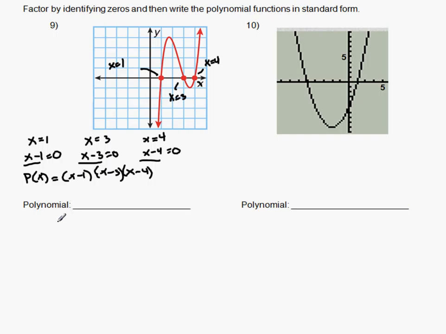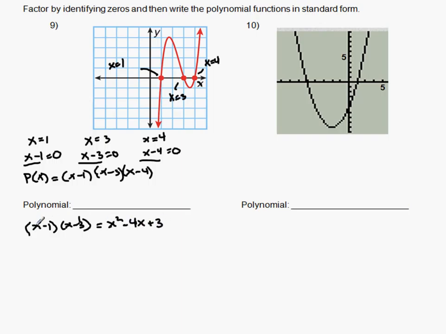So looking at x minus 1 times x minus 3, this becomes x squared minus 4x plus 3.